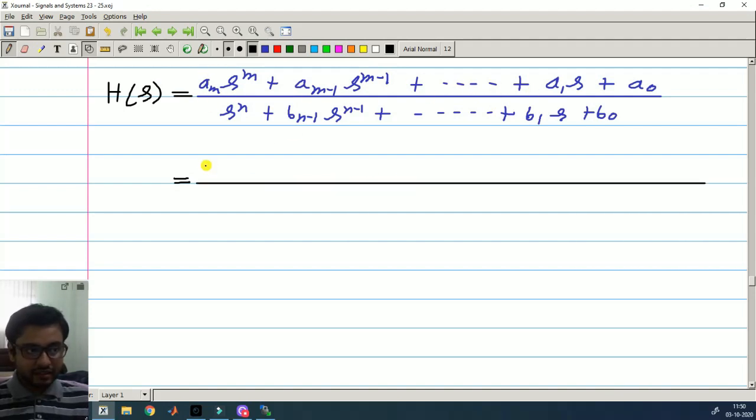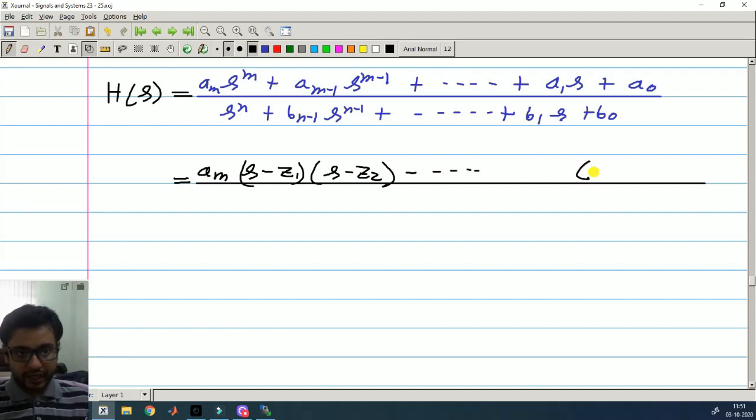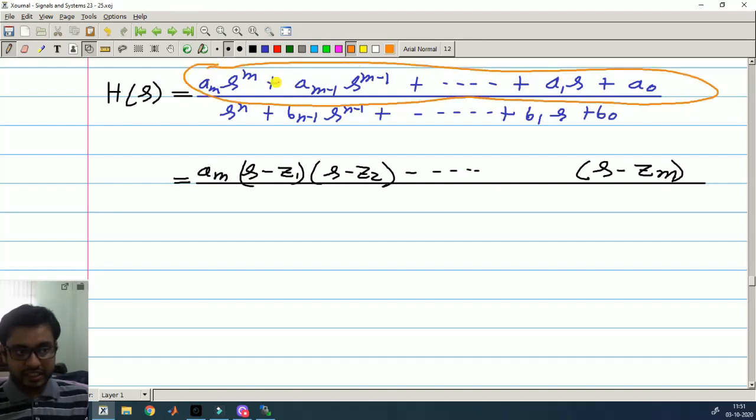The numerator I will write as a_m, then (s minus z1)(s minus z2) dot dot dot up to (s minus zm), where z1, z2, zm are the roots or solutions of the equation that this numerator is equal to 0.